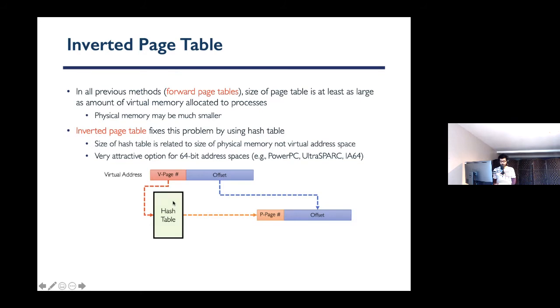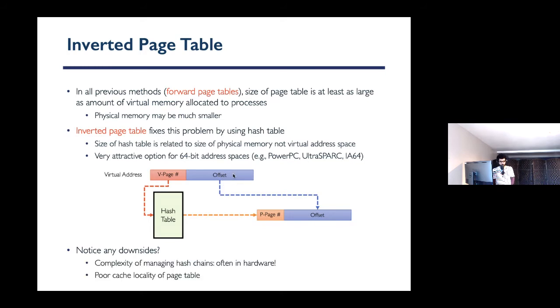But the problem with it is basically the problem with all hash tables. What do you do when you have an overlap? What happens if two virtual pages are mapped to the same physical page? That's one, right?